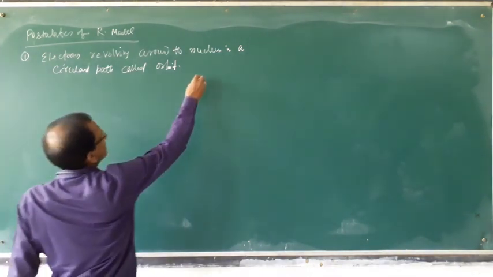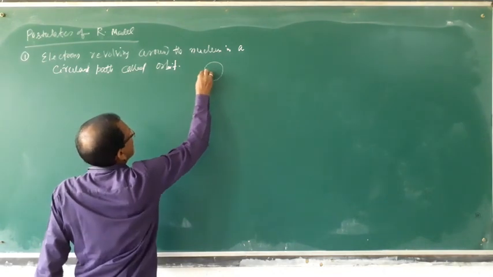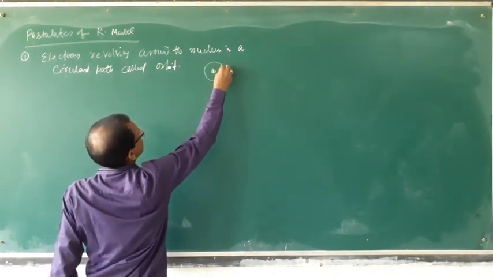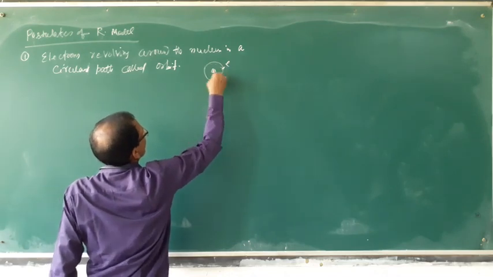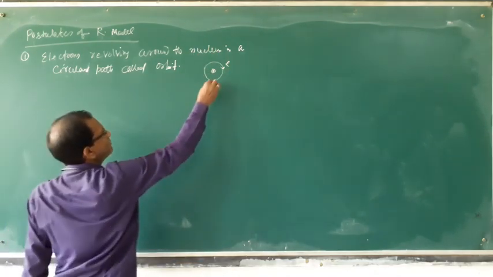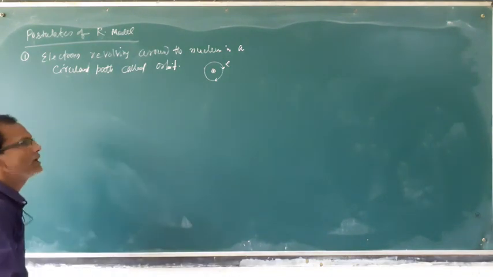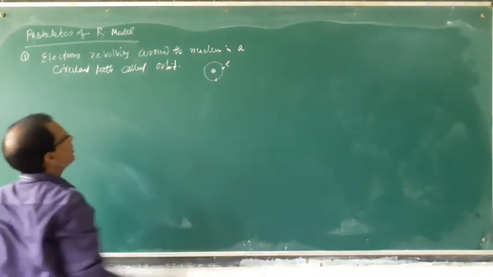That means it is revolving around the nucleus, like this, it is revolving around the nucleus in a circular path called orbit.